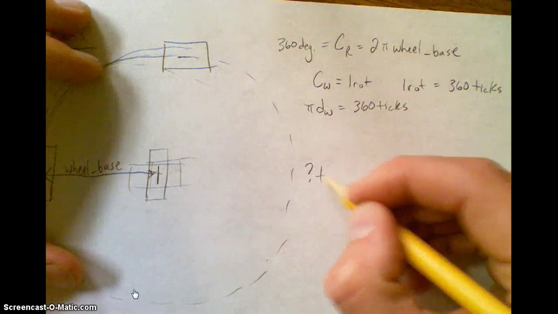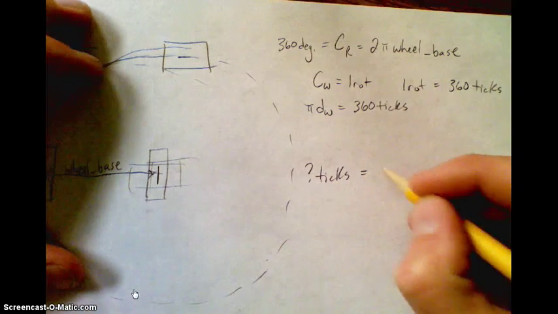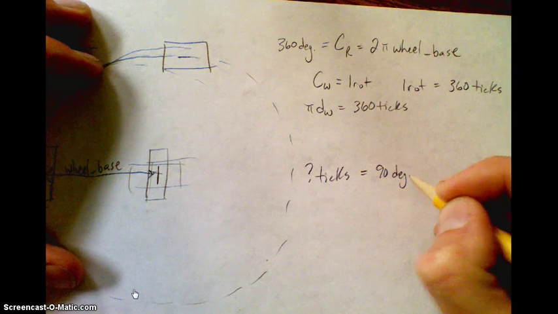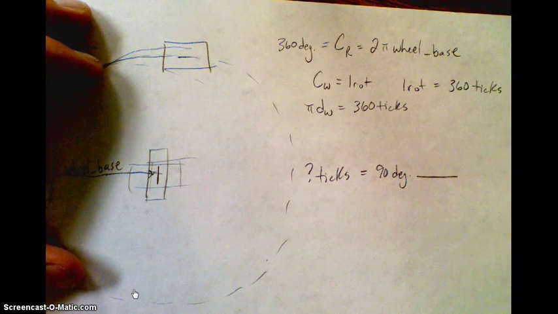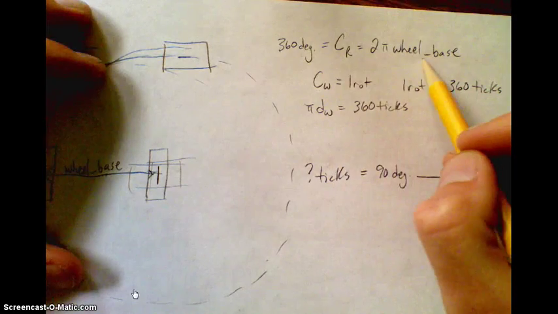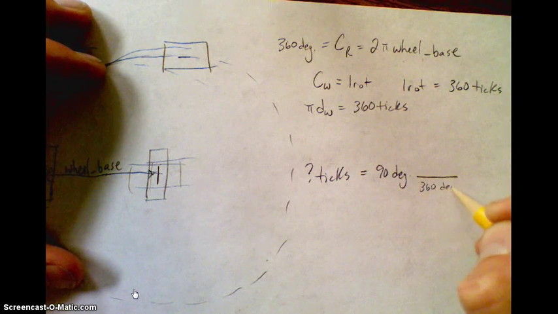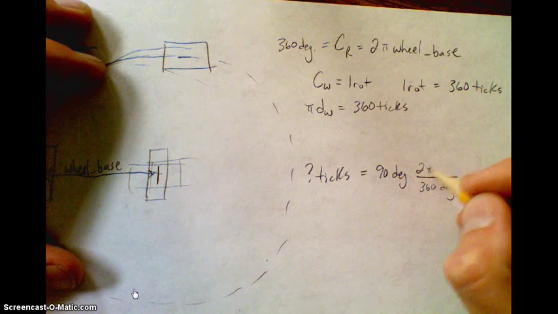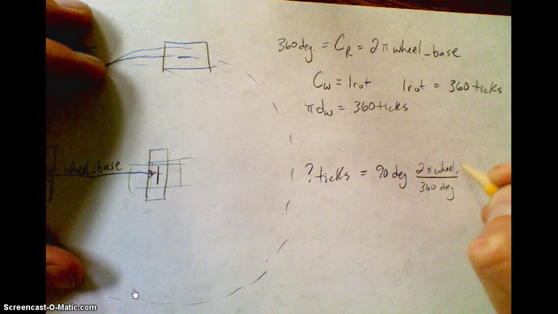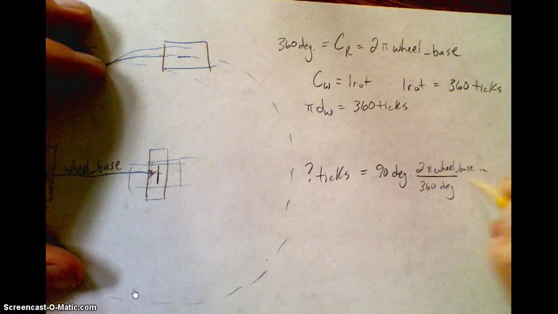So if I'm looking for the number of ticks that are equal to 90 degrees, I can convert degrees to inches using this conversion factor. So for every 360 degrees, I need 2 pi times wheelbase inches.